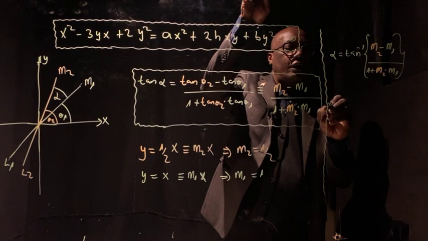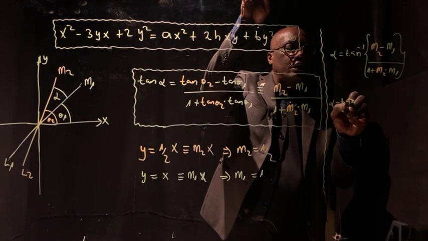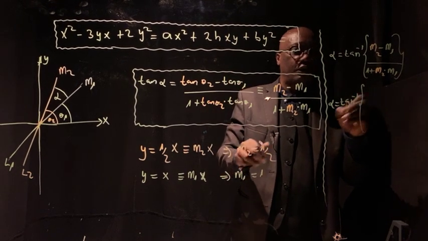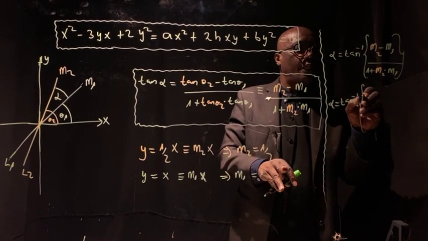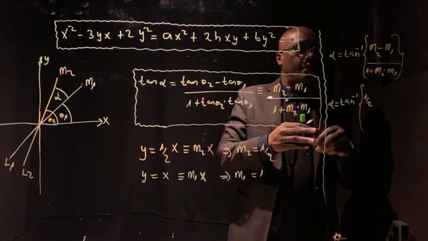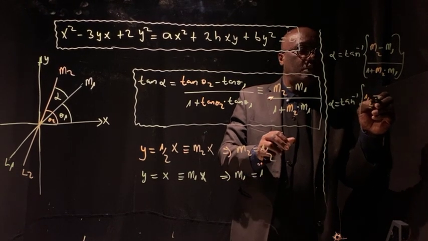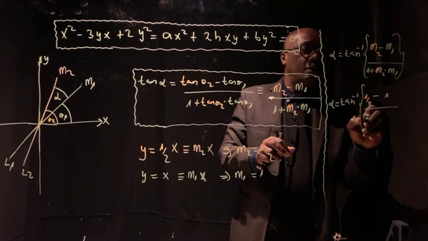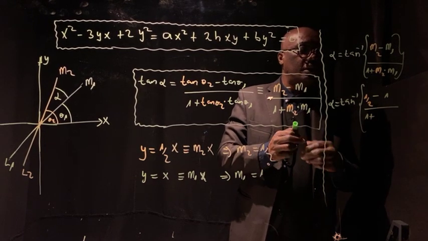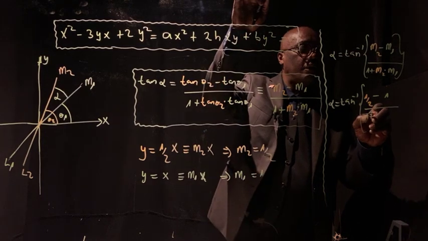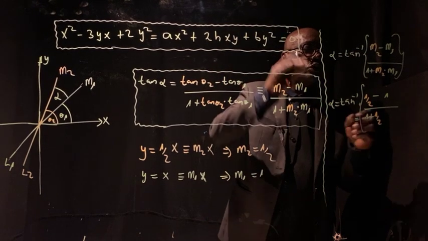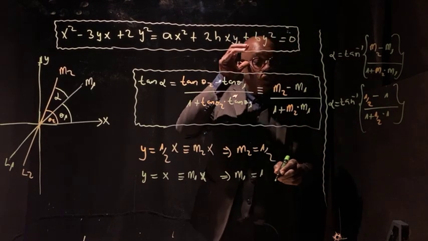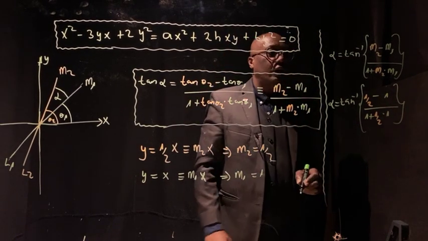Which implies alpha is equal to tan inverse of m2 is half, minus 1, over 1 plus half multiplied by 1. And you can use your calculator to find the real value of alpha.